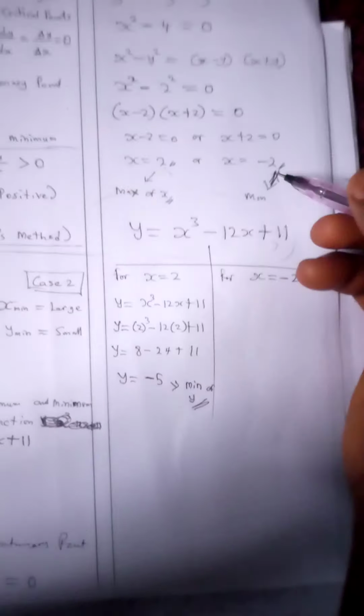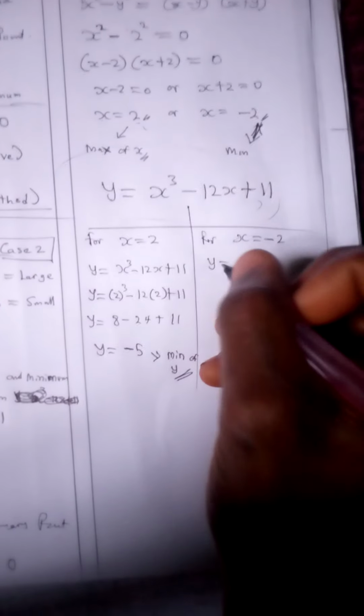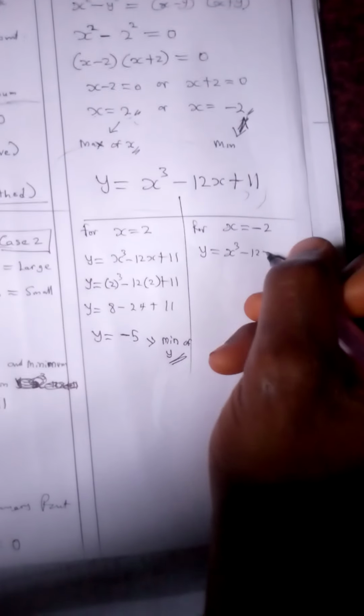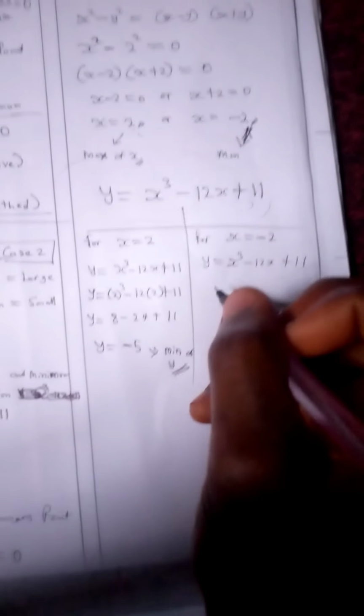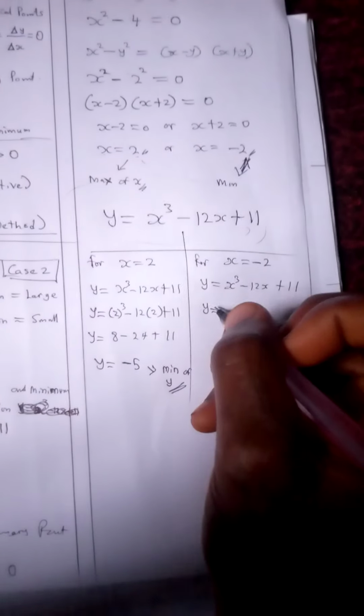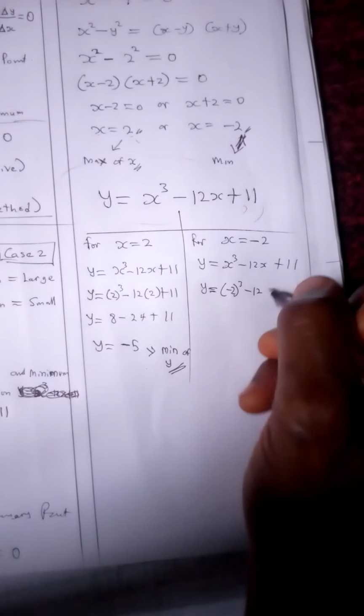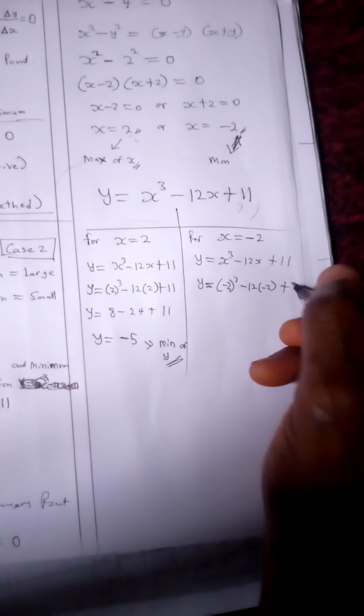For the minimum of x now, we have y equal to x cubed minus 12x plus 11. When we substitute x equal to minus 2, that will give us minus 2 cubed minus 12 into minus 2 plus 11.